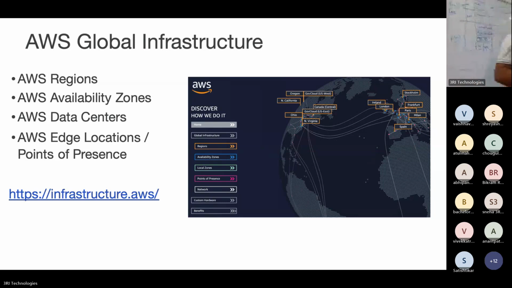Okay. So we said that AWS infrastructure is distributed or partitioned into multiple parts, and those are AWS regions. For example, some of the data centers are hosted in Europe, some in the US, some in Asia Pacific, and likewise. Why do you want to do that? One reason.